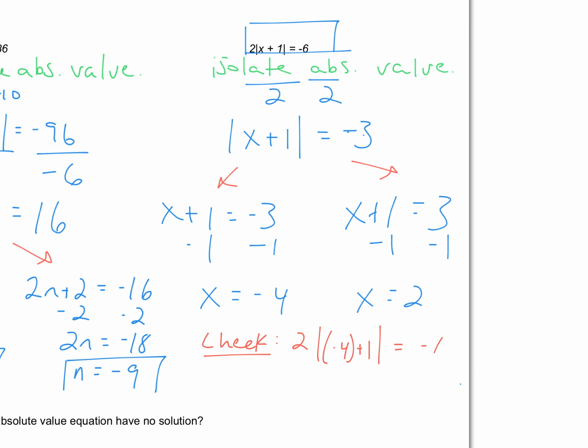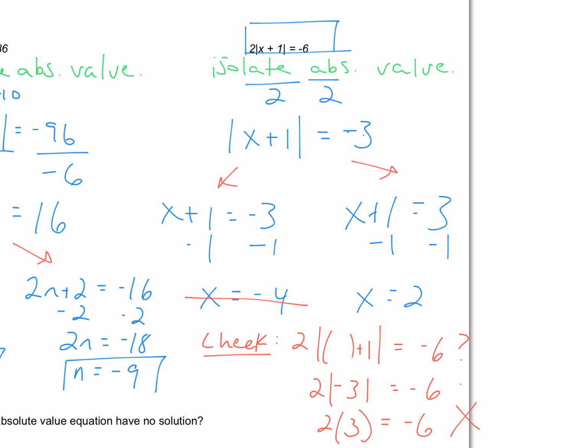Does that give me negative 6? Negative 4 plus 1 is negative 3. The absolute value of negative 3 is positive 3. So is 2 times 3 equal to negative 6? It's not. So that first solution is no good. We'll strike that out. Let's test 2.